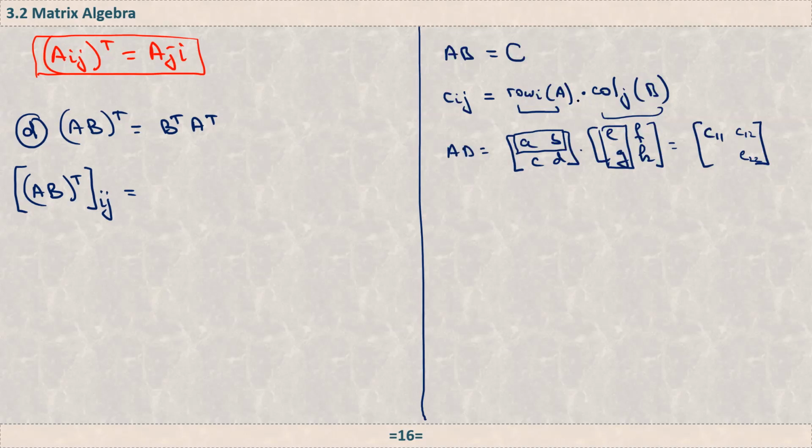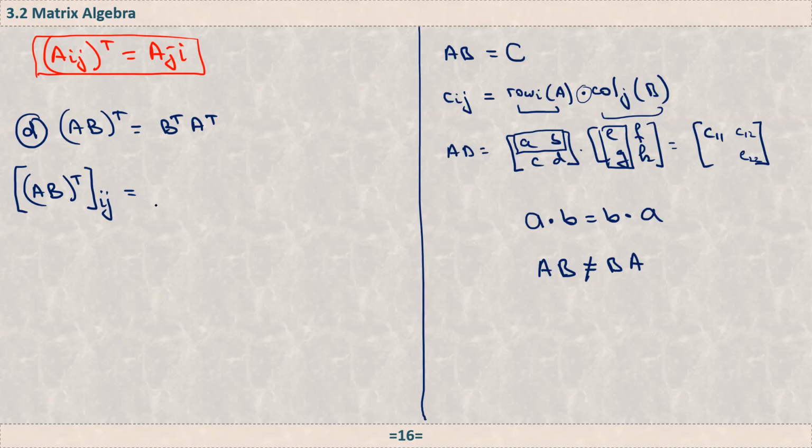That's why I prefer to use the dot product here, because for the dot product we have the property A dot B is equal to B dot A. But if I write this as a matrix product, A times B is not equal to B times A. Since it's just one row and one column, they look exactly like vectors, so I prefer to use the dot product operation here. So by the definition, just imagine that here we have the one entry of the product matrix, the ij entry.